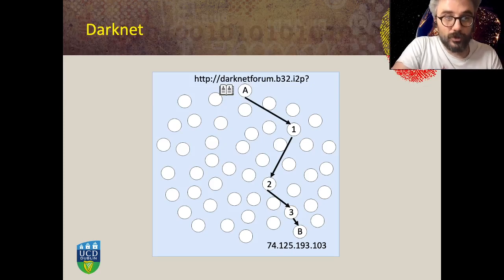Router number 2 only knows and sees incoming connections from router 1, knows that it has to be forwarded to router 3, but it doesn't know that the connection is originated by machine A, and it doesn't know that the ultimate destination is B. So how can an investigator locate the services, the server delivering this darknet forum?